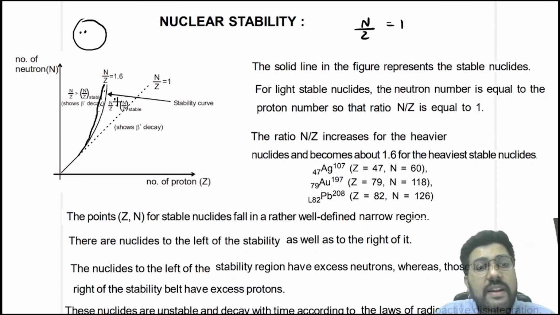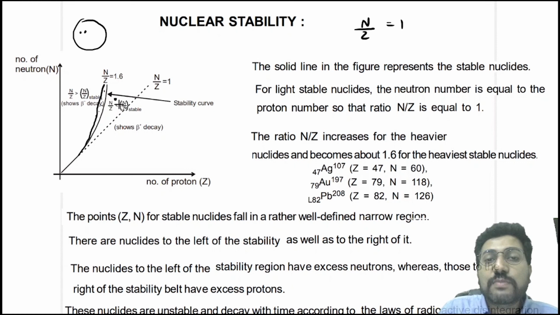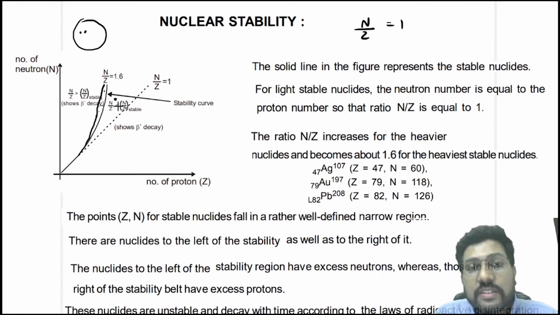Similarly this side has excess protons. You will say that here the proton number is less than the number of neutrons. Yes, it is, but still this is excess protons, because excess protons means there are more protons than what is required.